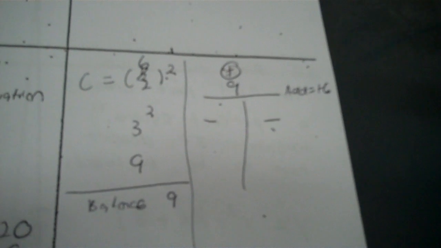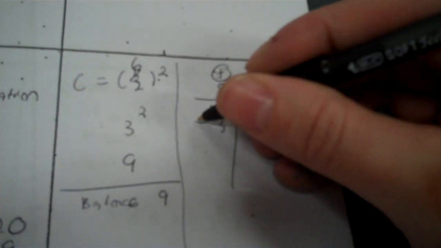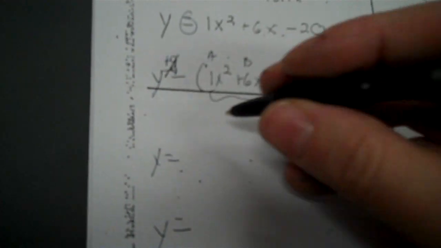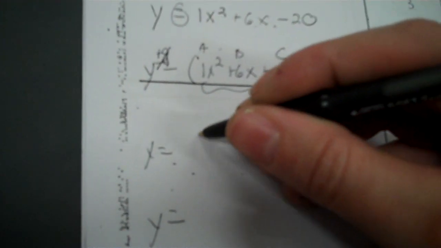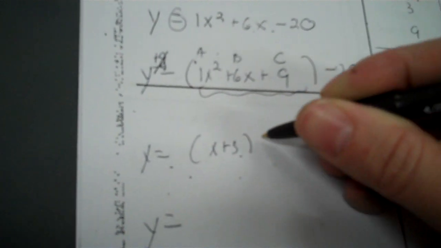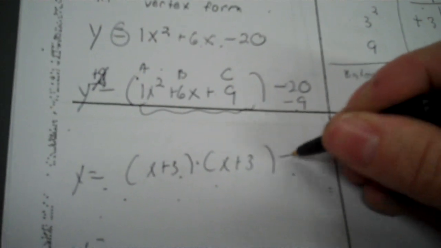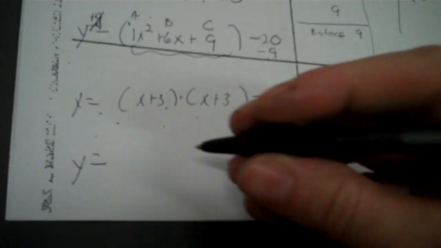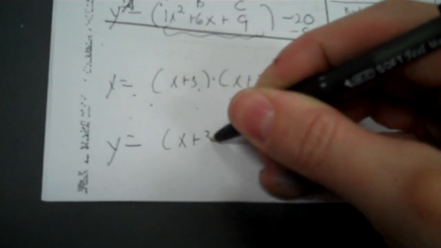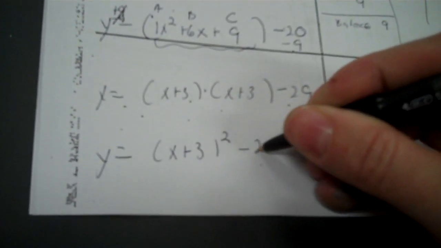You'll switch them both to positive because 3 and 3 adds up to 6. So right there. Okay, so A is a 1, so you can just rewrite that as x plus 3 times x plus 3, and then you're going to have minus 29. Now rewrite that as a quantity squared, so it's x plus 3 quantity squared minus 29.